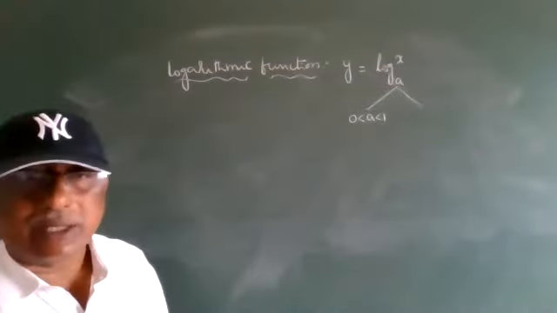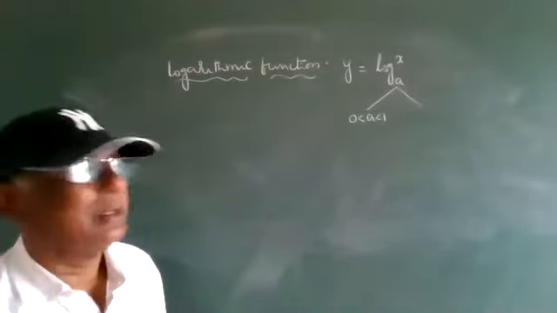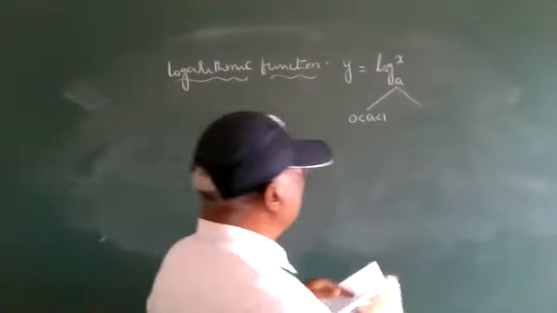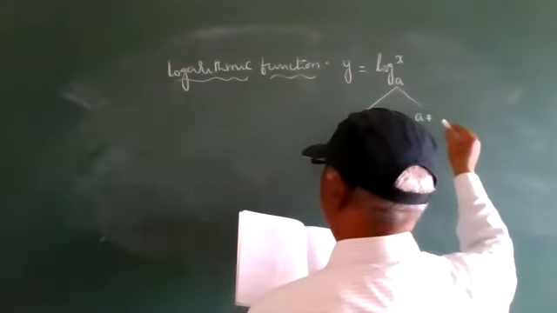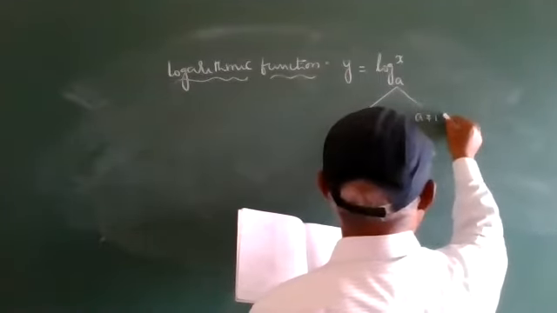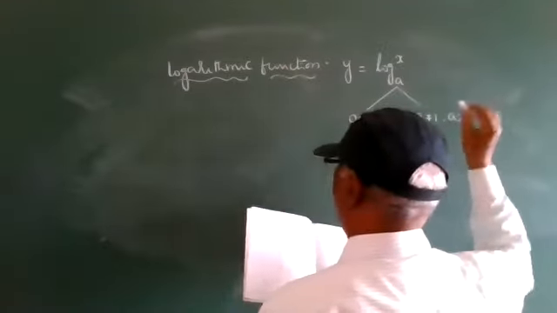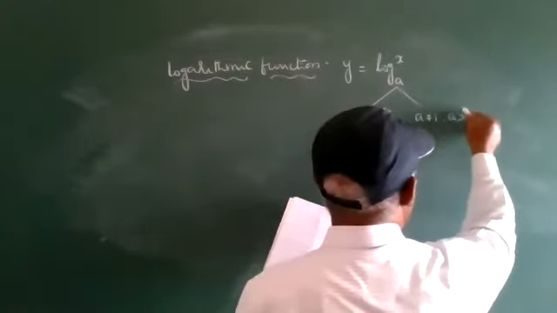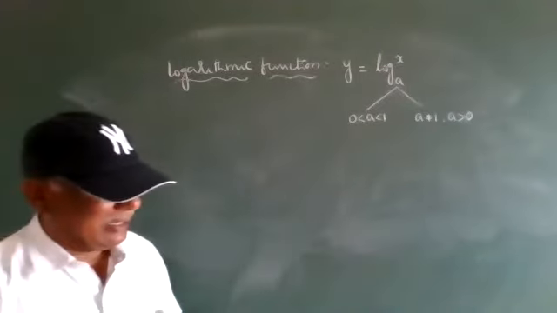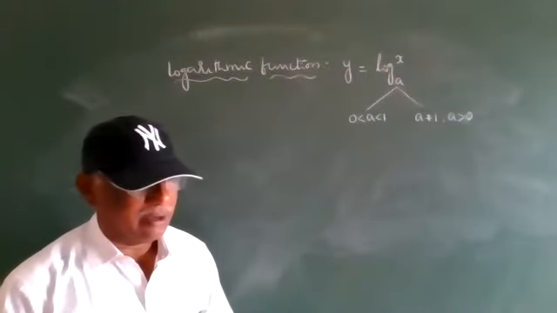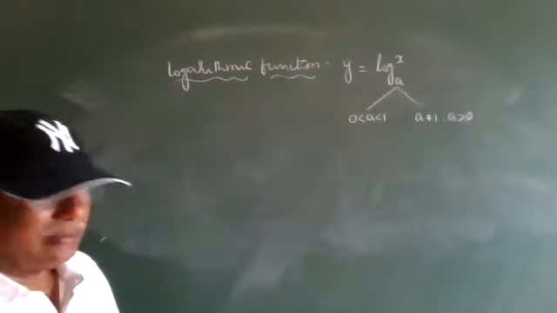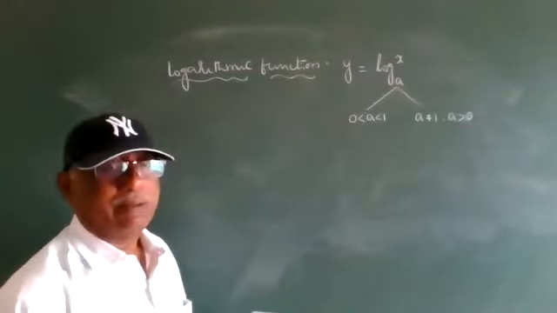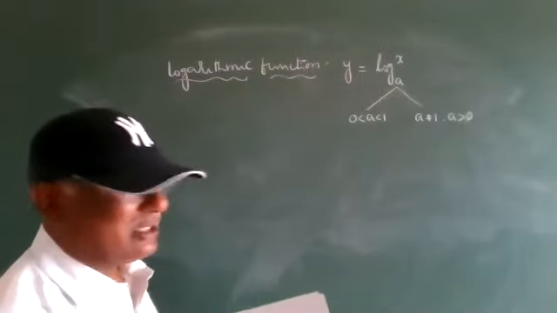The base is not equal to 0 and it is greater than 0. It is also compulsory that the base is not equal to 1. Sorry, greater than 0. This is the condition for the base of the logarithmic function. Two conditions are there, okay?